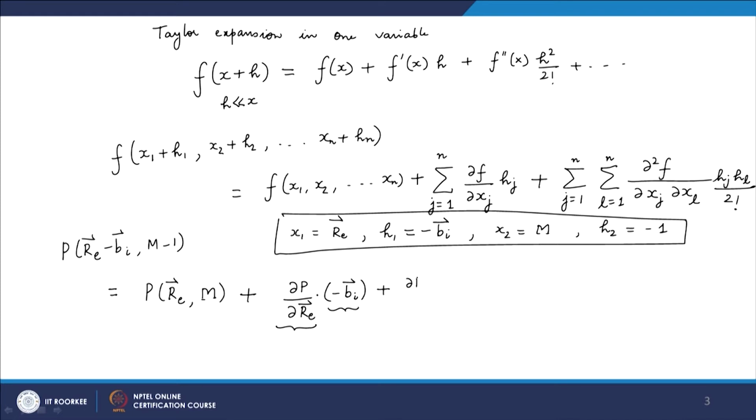So, the end result is a scalar. Similarly, for M, and now we also will have the second order derivatives.